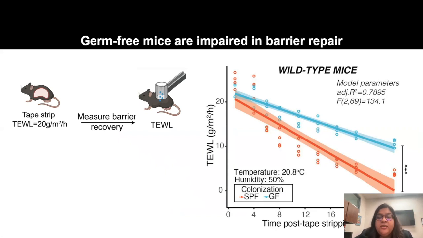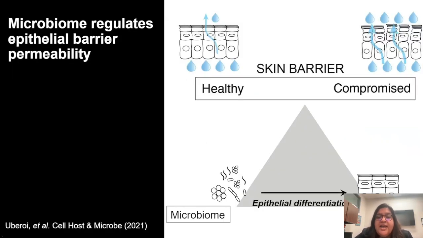Hopefully you can see directly from this figure that the repair kinetics of germ-free mice are strongly impaired when compared to SPF mice. So I hope that I've been able to convince you that the microbiome not only regulates epithelial barrier permeability genes, but it directly affects a function of epithelial barrier permeability in a murine host.